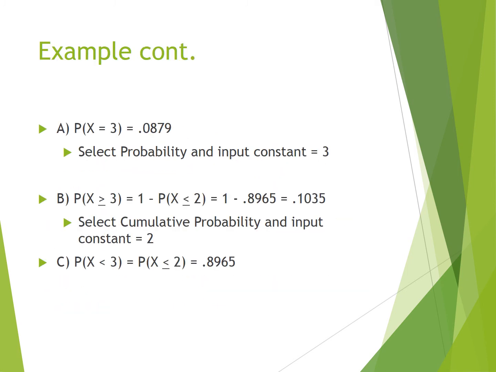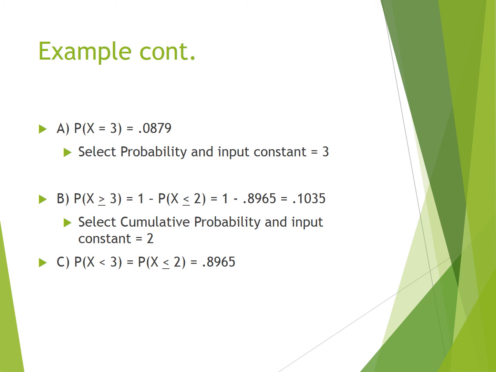So you had to input n was 5, the sample size was 5, the probability was 0.25, and then down at input constant, you're going to enter 2. Make sure that you change from probability to cumulative probability, and you input 2 because you do not want to subtract out the 3.